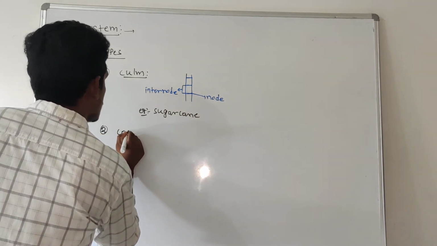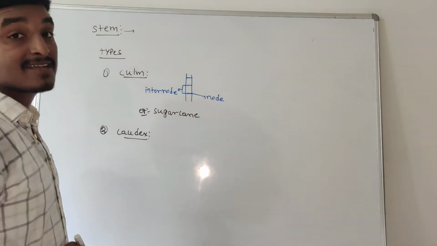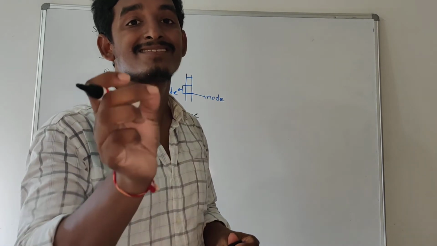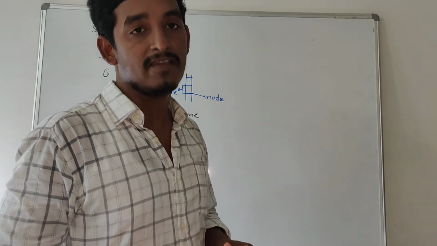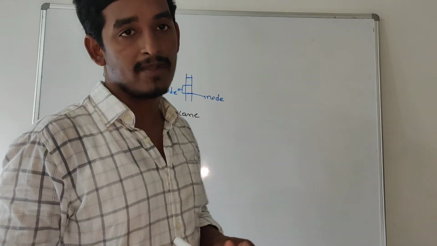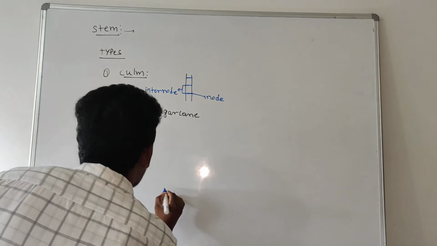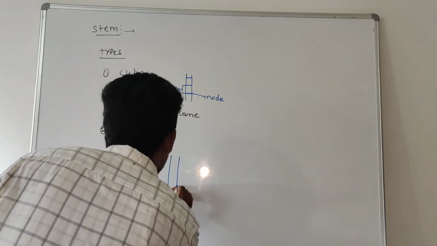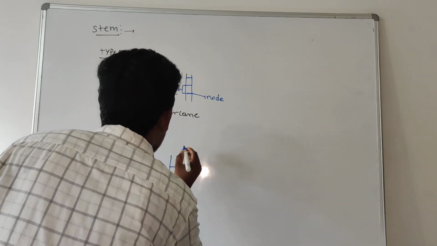Next one is the caudex stem. The caudex stem is an unbranched stem, cylindrical and erect, with scars of fallen leaves. If you take a palm tree, it looks like this, with nodes and internodes.